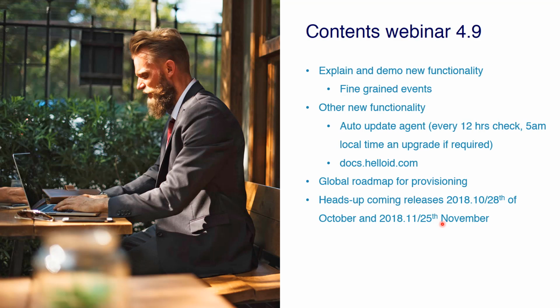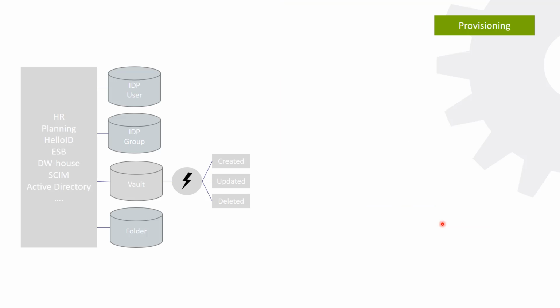Okay, so let me dig into the fine-grained events. Of course I already covered this in the video. You can find that on docs.helloid.com. This is functionality that is already available in HelloID, where we can connect to any sort of source system and update the Vault, the Cosmos, and that will generate events. It can be a created, updated, or deleted event.